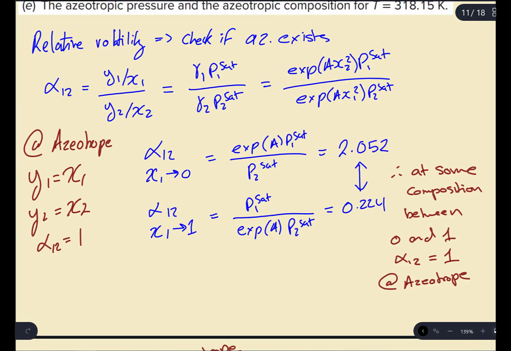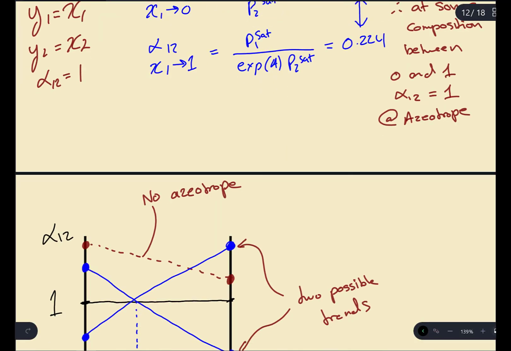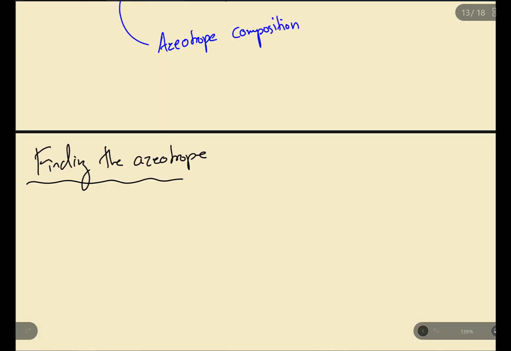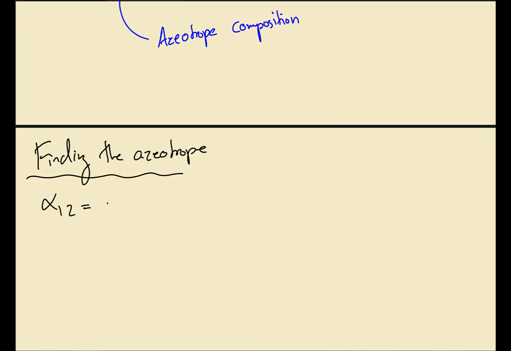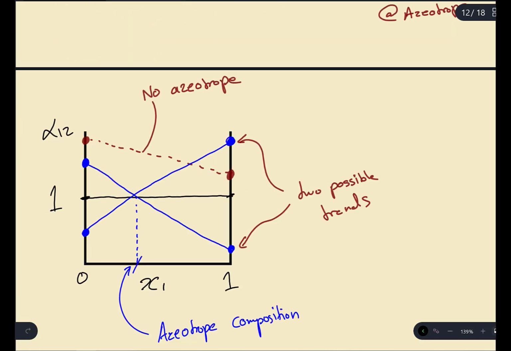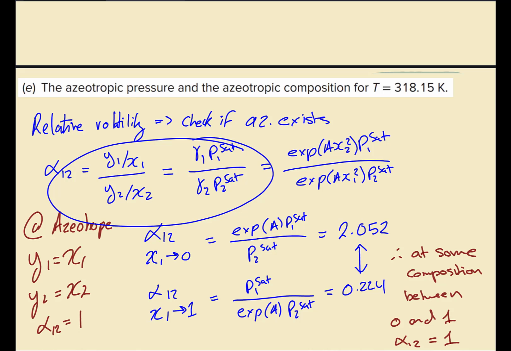All right, so now we've checked if we have an isotrope or not. We know we have one. So now we're going to do the math to actually find it. Finding the isotrope. We know already that alpha 1,2 at the isotrope is 1, right? So with respect to the alpha 1,2 equation that we wrote up here, this left side is 1.